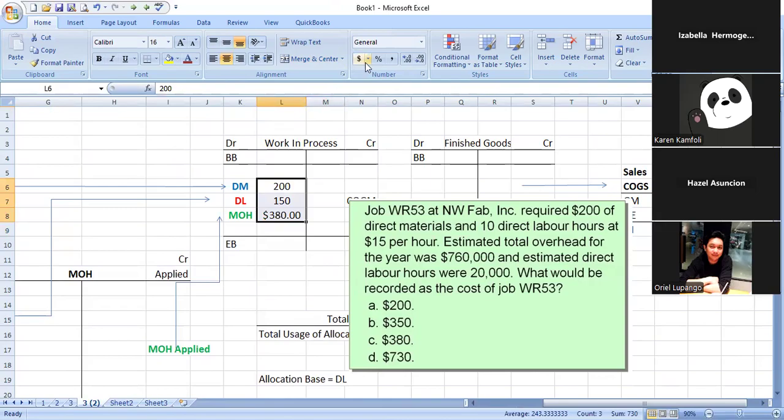And if you total everything here, how much will be my total cost? 730. Make sense? Okay, let's see if that's the case. Let's go to our slides and see what the slide says.